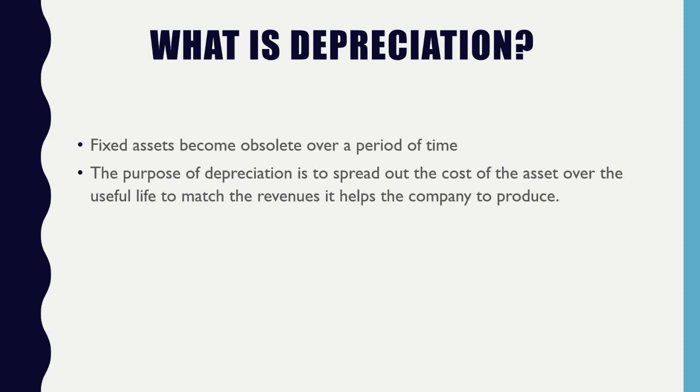Whatever price that it's worth is what it costs, right? However, due to the historical cost principle, we understand that as we have this asset on our books, it doesn't change in value over time.